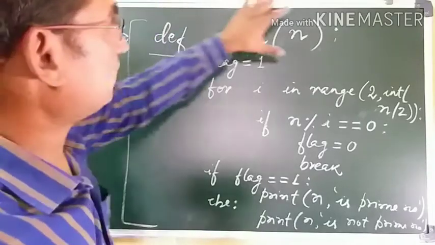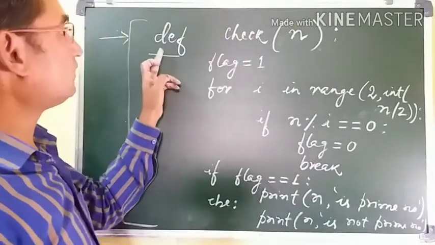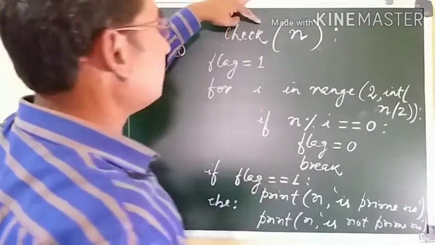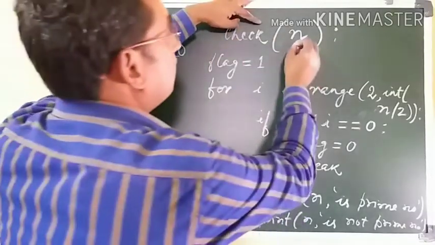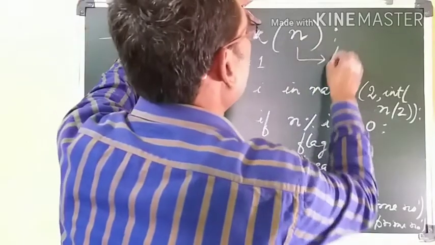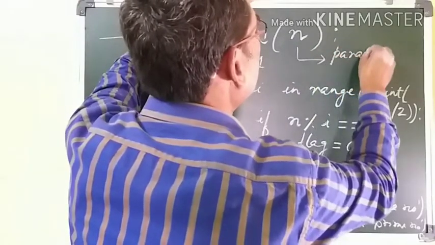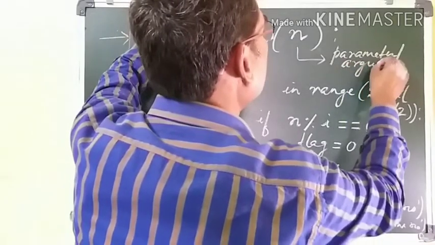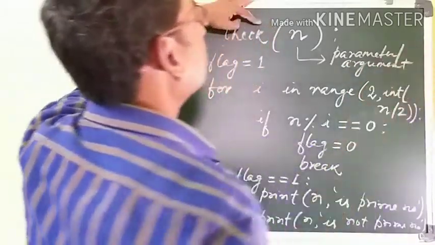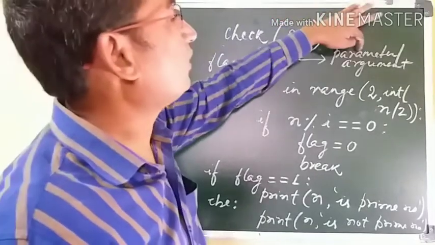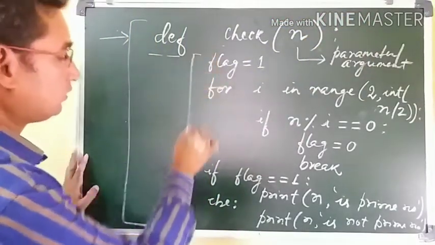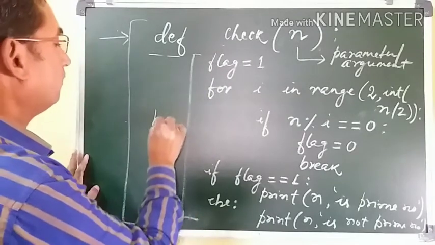The first line of this function definition will start with the def keyword, and this check is an identifier, and here is a parameter or argument, you can say. And this is the body of the function. From this point to this point, this is the body of the function.